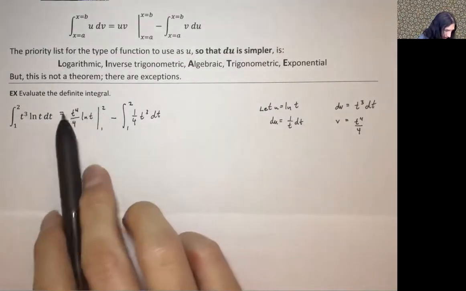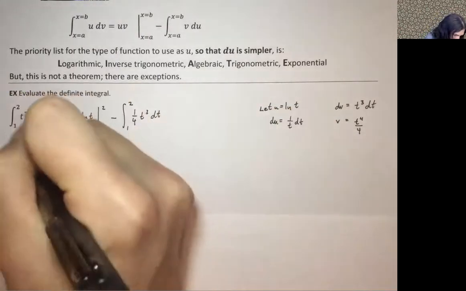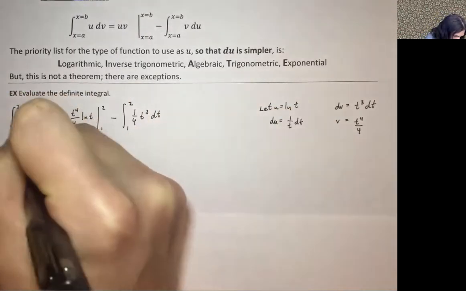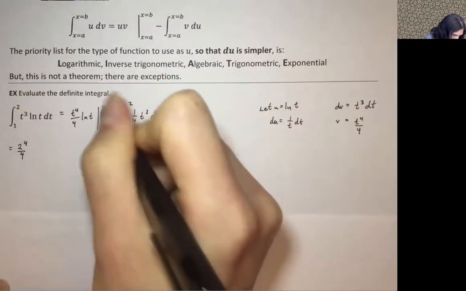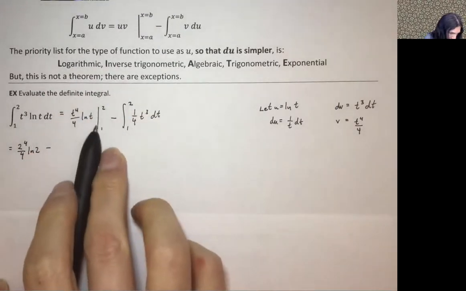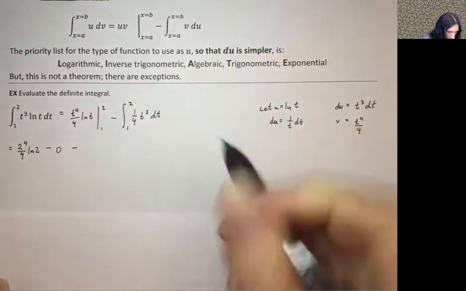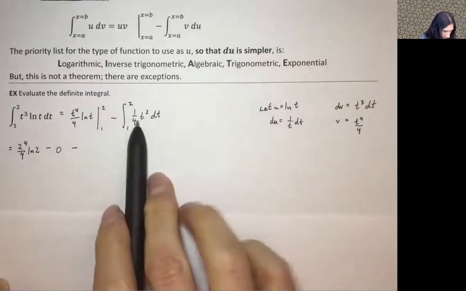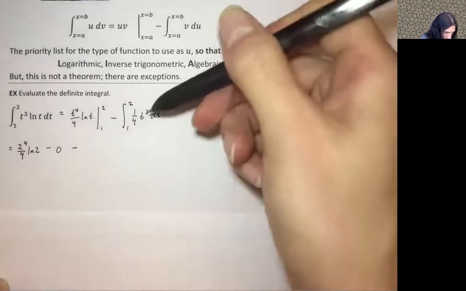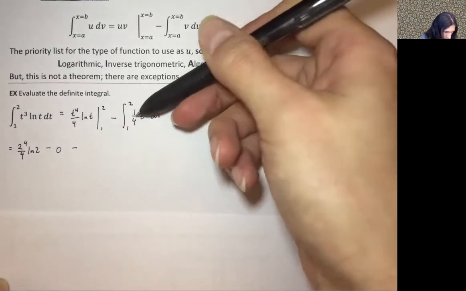Let's just go ahead and substitute in our terms here. So I'll have 2 to the 4th over 4 natural log of 2 minus 0, because if I plug 1 in, natural log of 1 is 0. And then for this term right here, this is just a normal polynomial, so we'll use our power rule. So we're going to go up to t to the 4th power and divide by that.